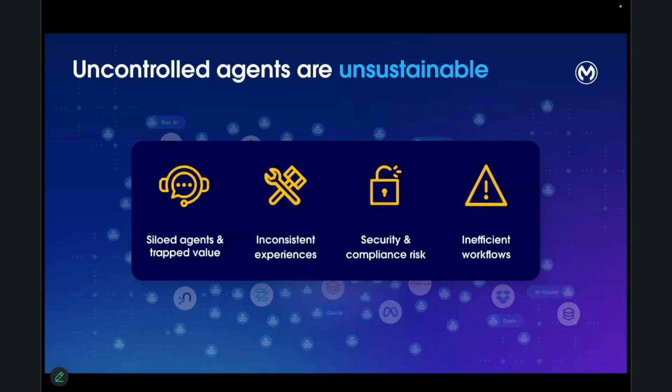They're built with different security levels incorporated into them. They are specialized for the domains that they focus on. And the result is that you can end up with agents that are siloed, inconsistent experiences, security and compliance risks, and just inefficiencies in the workflows of managing these AI agents.